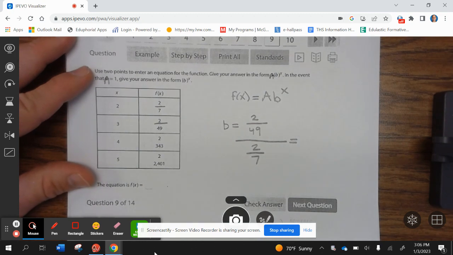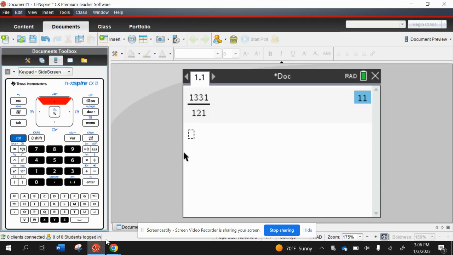Okay, so let's go ahead and use our calculator. Let's remove our previous problem. So we're going to press Control Divide again, and that's 2 divided by 49. Control Divide 2 divided by 7, and that equals 1/7.